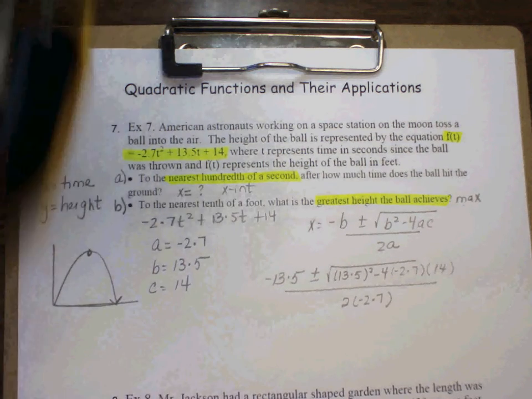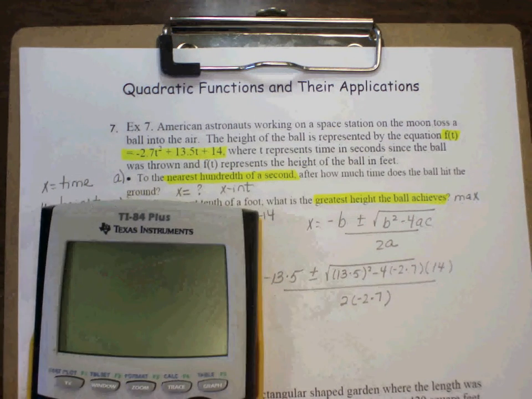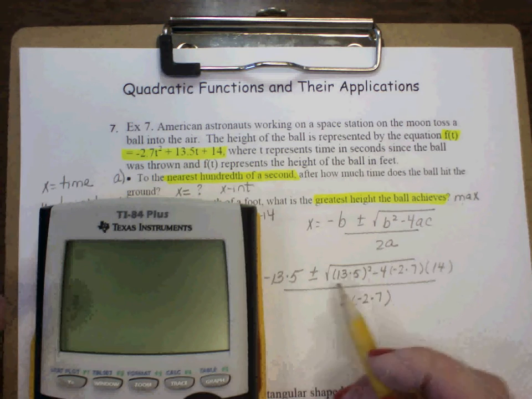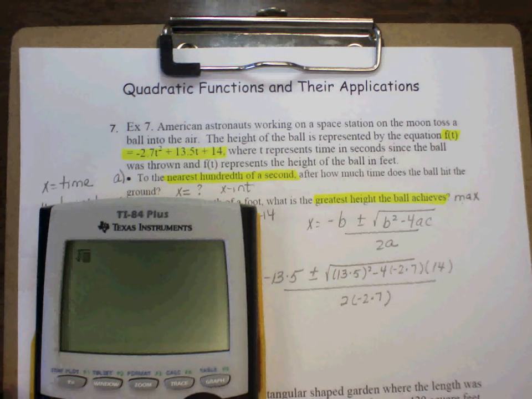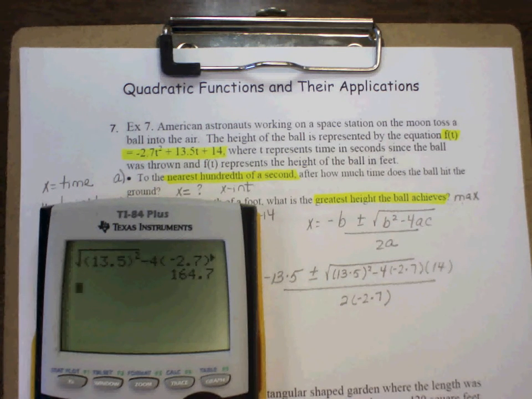So I'm going to write it exactly like I see it. Square root of 13.5 squared minus 4 times negative 2.7 times 14. And when I hit enter, I get 164. Let's do that again because I'm not sure that I did it right.